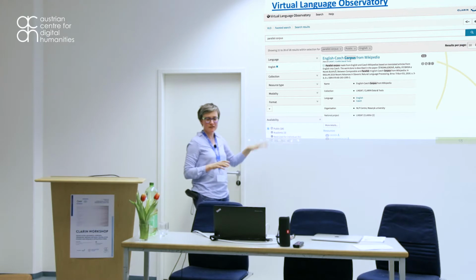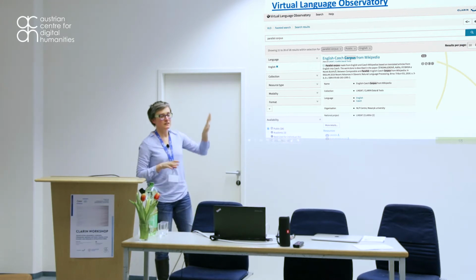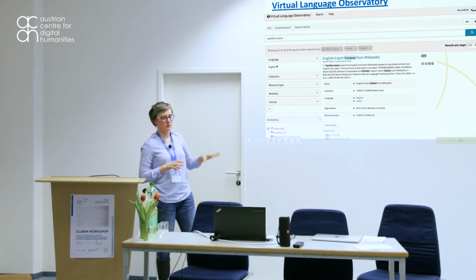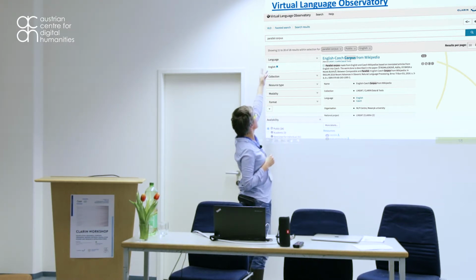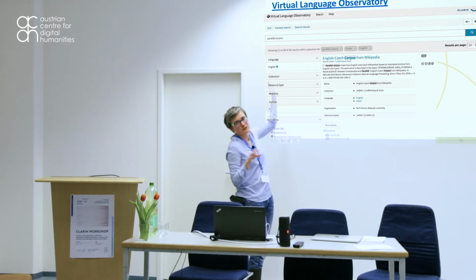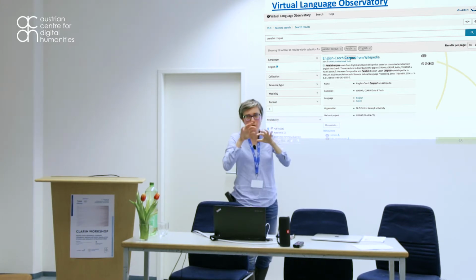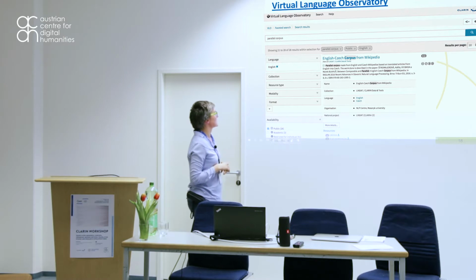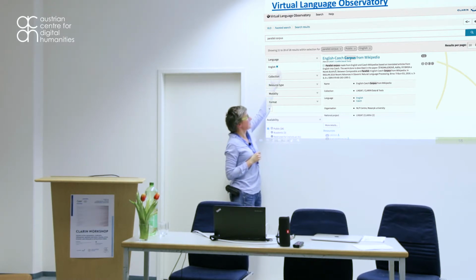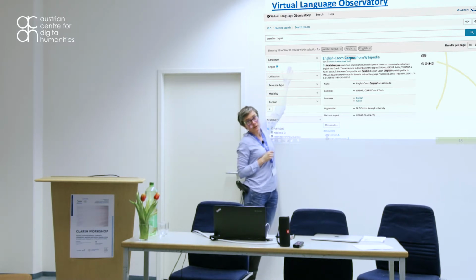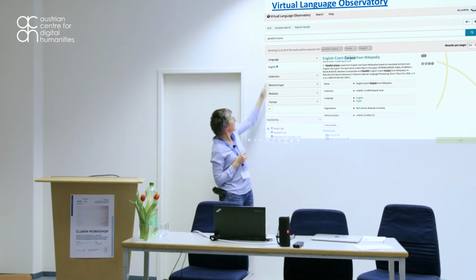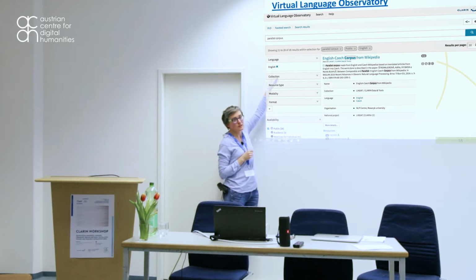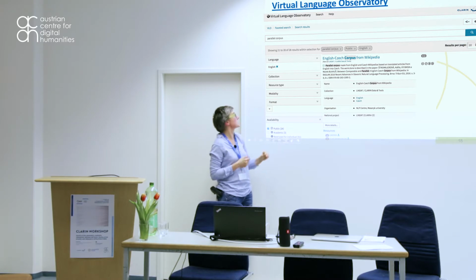You have seen the screenshot already. This is how you search for resources. You go to the Virtual Language Observatory. You use either the simple search option, you pretend you're in a Google engine and just query the keywords you're interested in, or you can use advanced or faceted search, where you can select different types of information about the resources, and you can say, I'm interested in resources that contain English as a language.